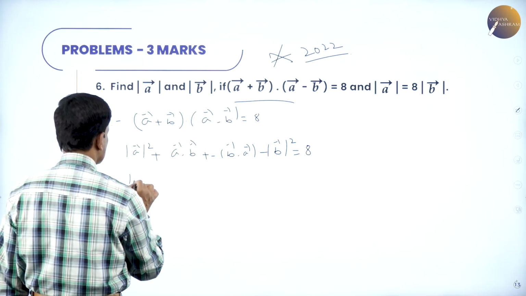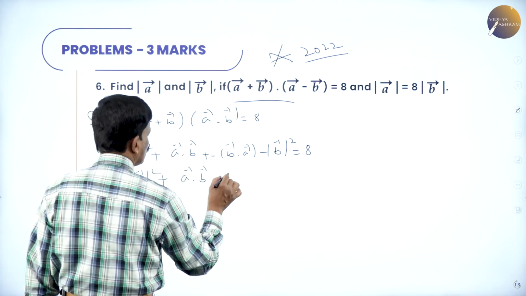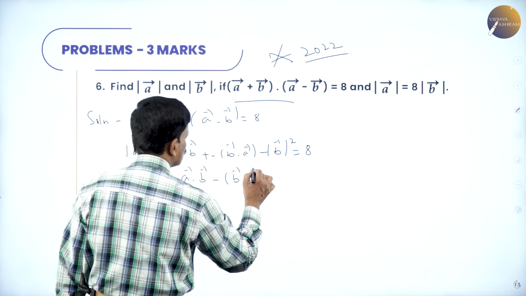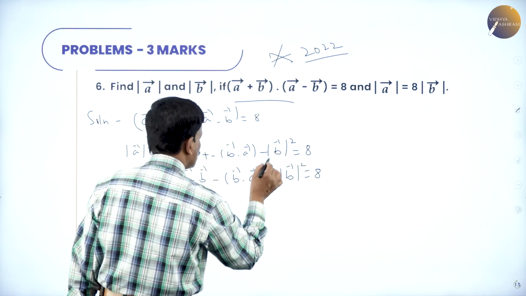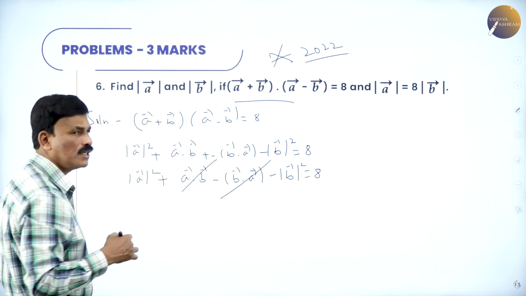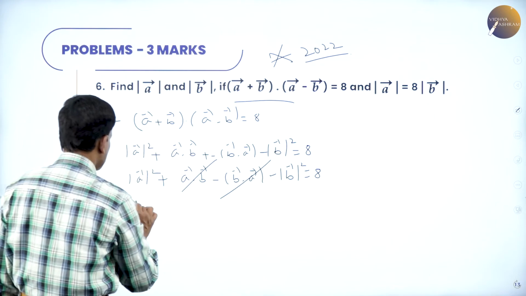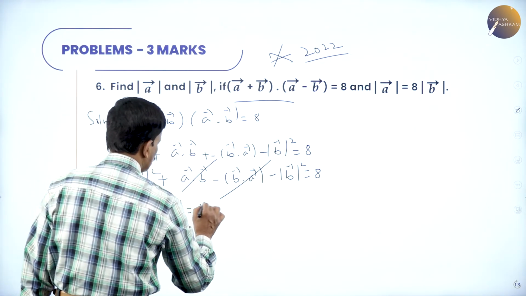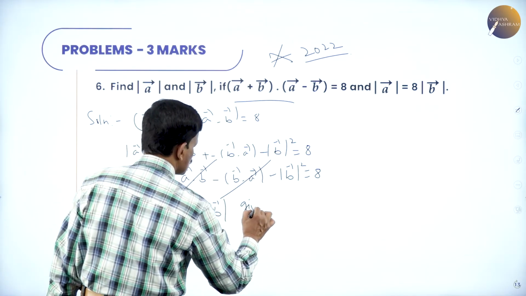So, this is length of a square plus a dot b and minus of this b dot a, minus of length of b whole square is equal to 8. These two get cancelled. A dot b and b dot a are one and the same. What is a? Since length of vector a is equal to 8 times the length of vector b, this is given.